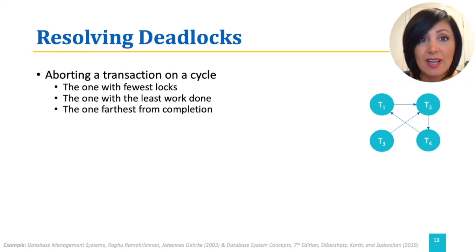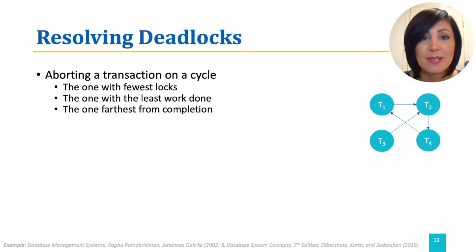Our criteria might be choosing the transaction with the fewest locks, or choosing the one with the least work done, or the one farthest from completion. Note that in the first choice, we are trying to reduce the possibility of getting into the same situation with the locks again. While in the least work done and farthest from completion, we are trying to minimize the lost work.